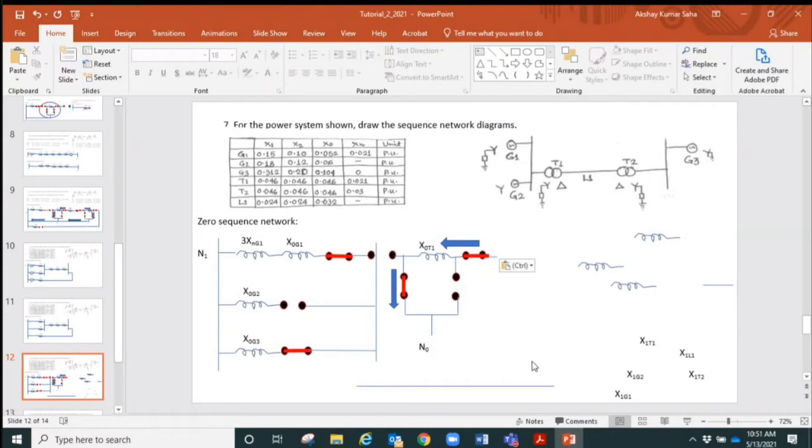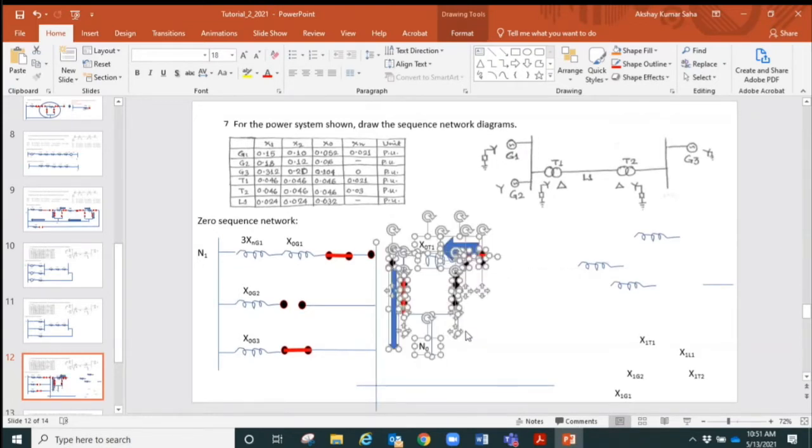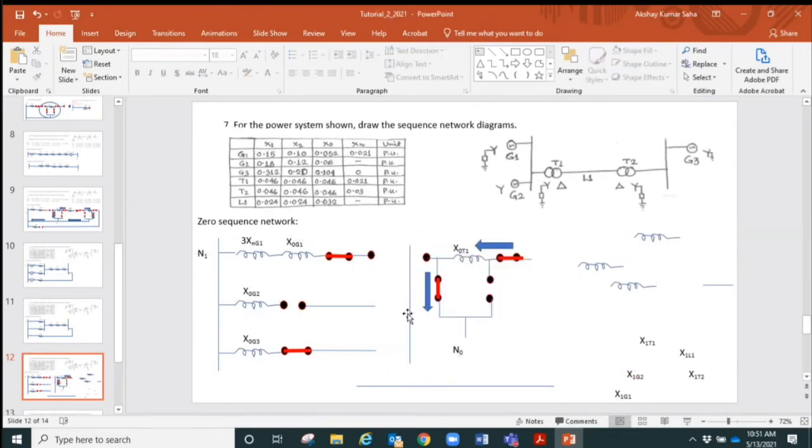Ah, goodness. Ah, it's even worse. So that's the bus bar. That point was supposed to be here, and from the bus bar we have this transformer connection.